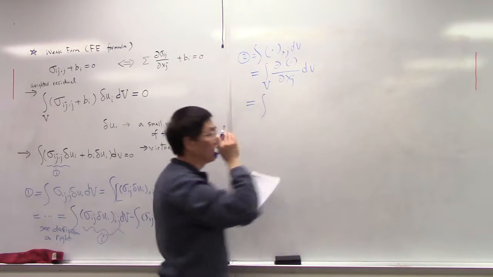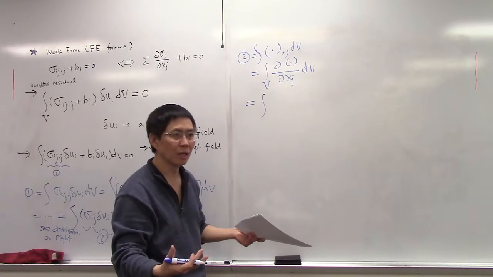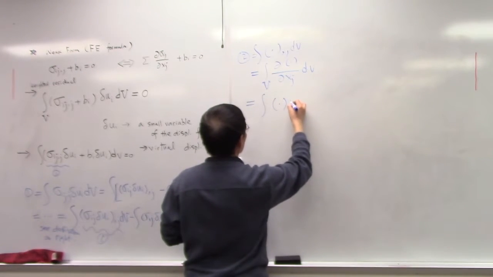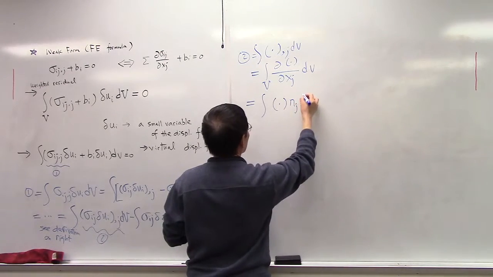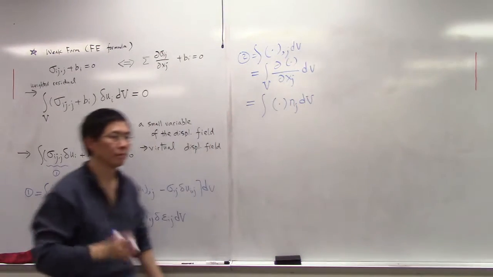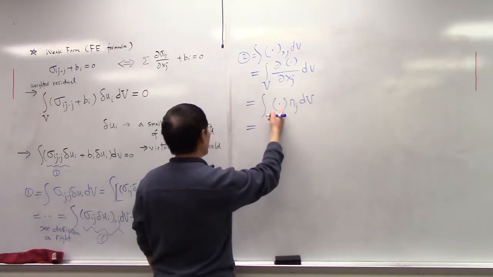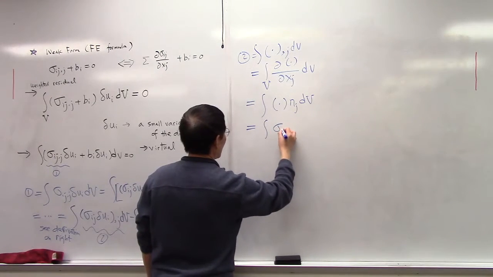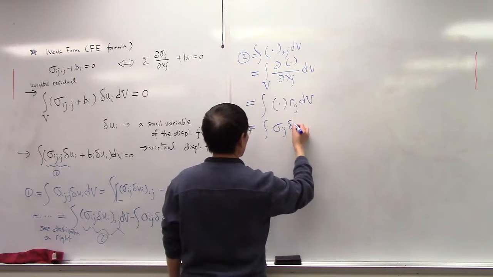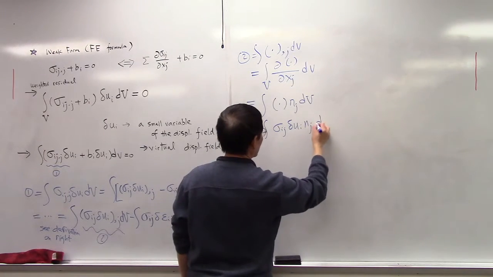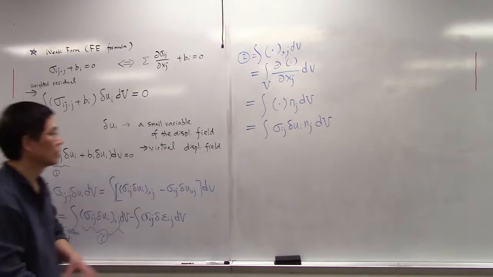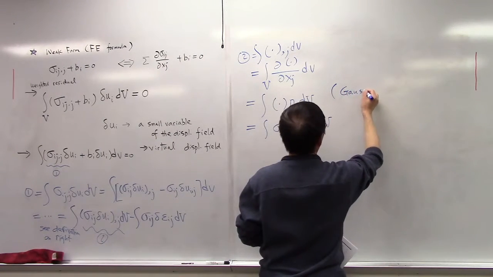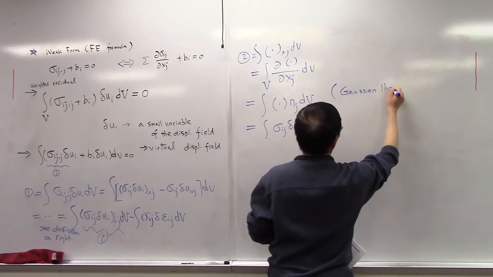Okay, but only the normal component will contribute, which means this thing times the normal component, and then dv. Which means what is inside the bracket is this guy. So it is sigma ij delta u_i and then n_j and then dv. So this is using the Gaussian theorem, or the divergence theorem, okay?